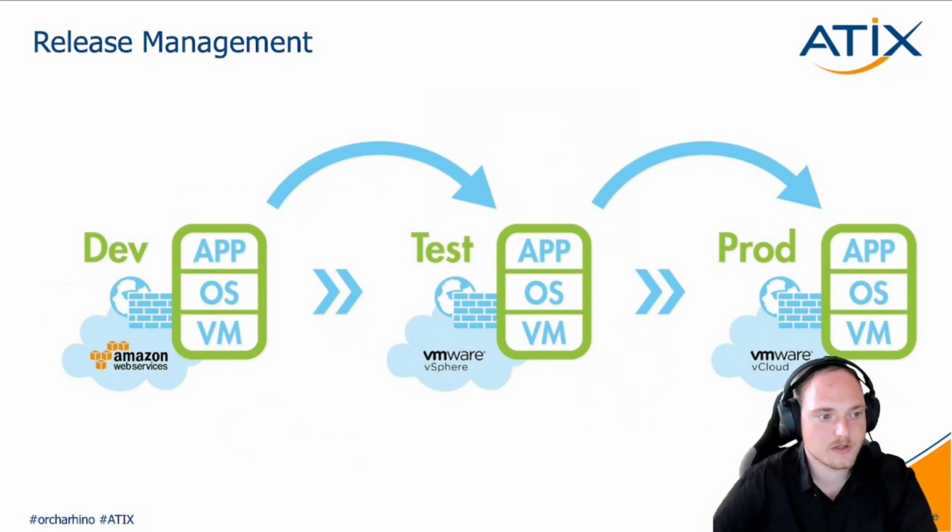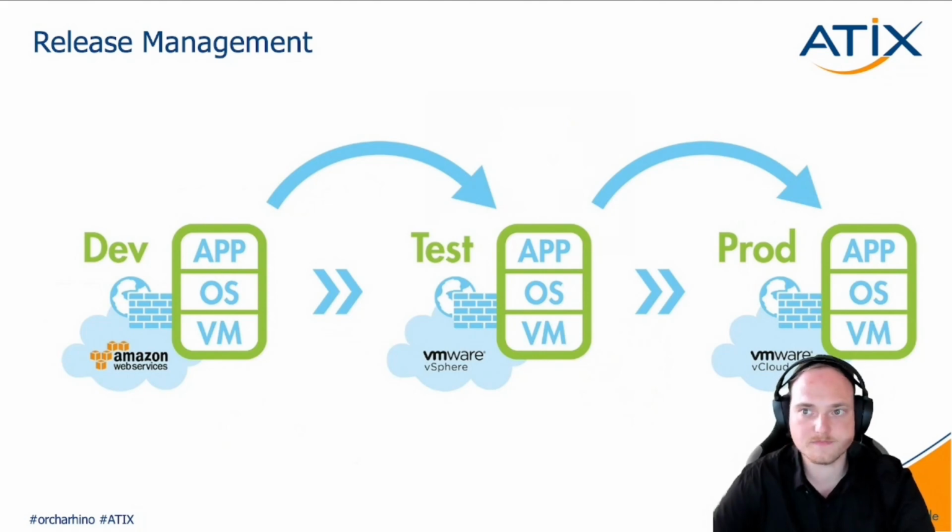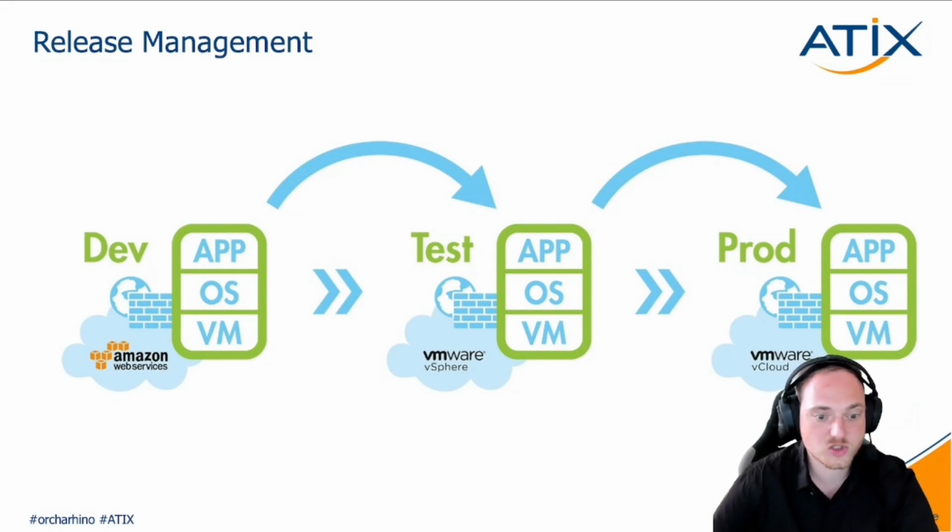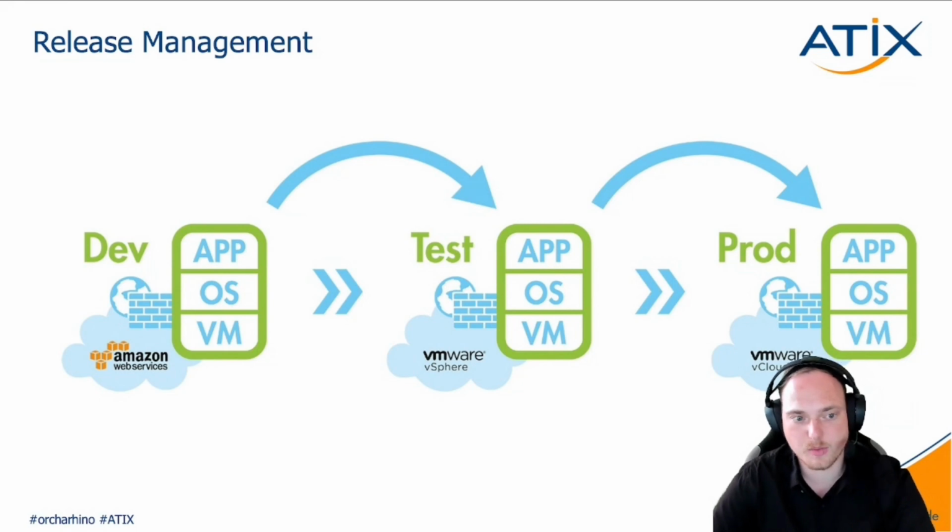Then the software or the application gets to the next stage, your test environment. And in the test environment, you are on a VMware vSphere cluster now, and you have not the same patches on the VMs, not the same basic OS packages installed on the VM, and then you get a problem.